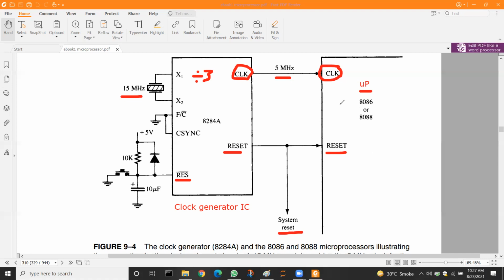So this is the internal circuit. If you want to know more about it, the contents are available in the book. If you face any problem, I am available to help.